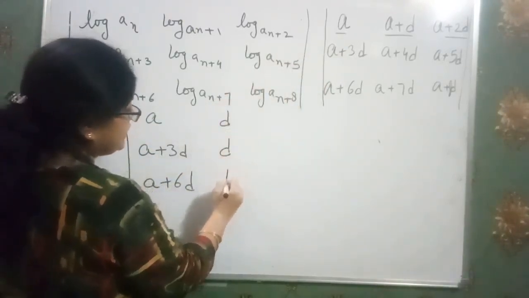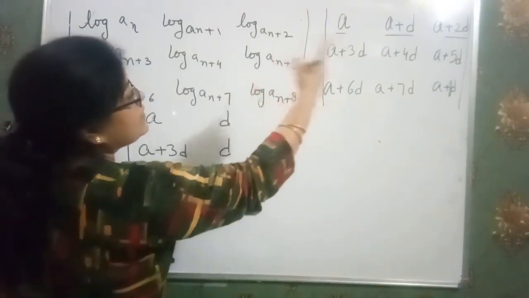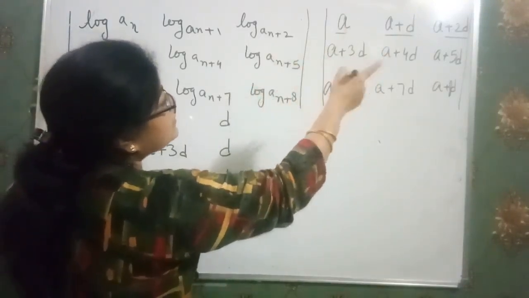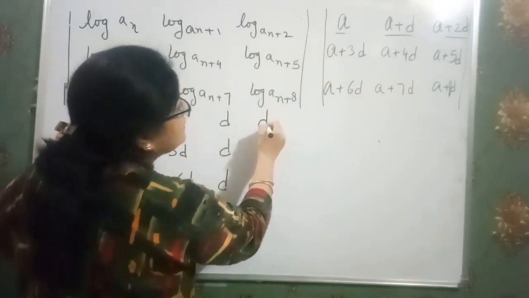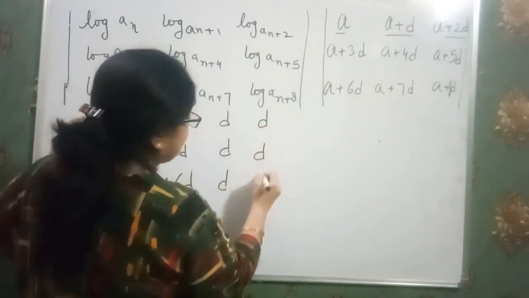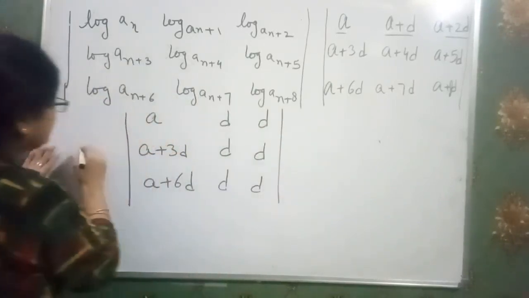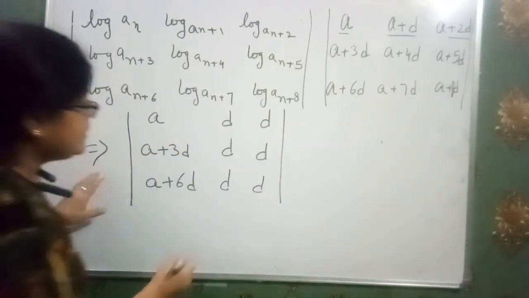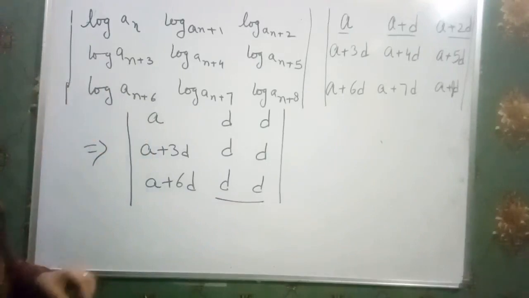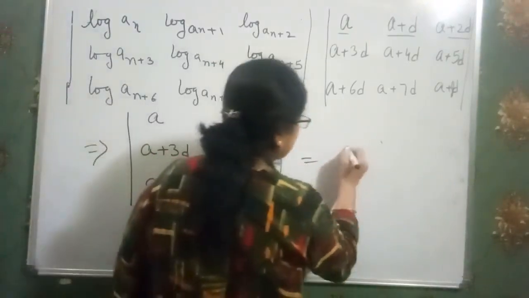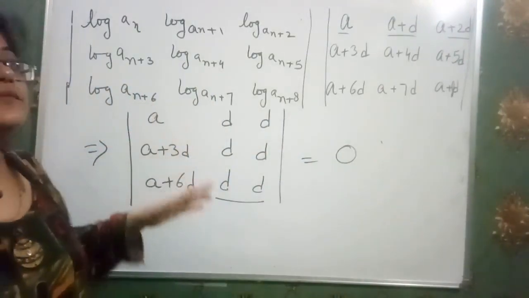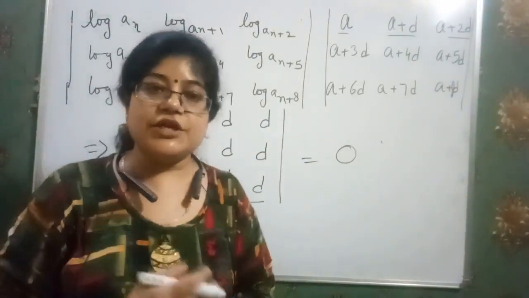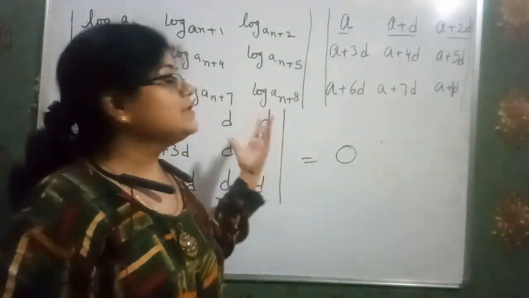And when we subtract this from the next one, we also have d, d and d. Now this becomes a typical determinant in which two columns are the same. So ultimately its determinant is 0. The concept you learn from here is that if anything is in GP, then log of that thing is in AP. Now I am proceeding to the next question.